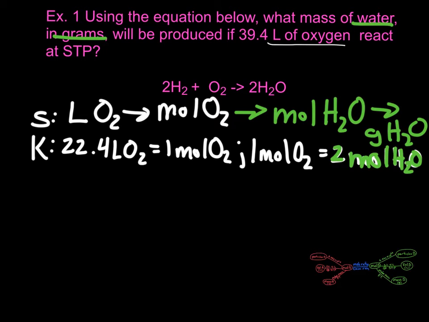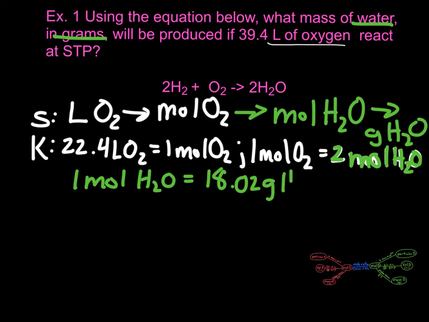And to get from moles to grams, we need the molar mass off the periodic table. So we know that 1 mole of water is equal to 18.02 grams of water. That's when we add an oxygen and 2 hydrogens together.